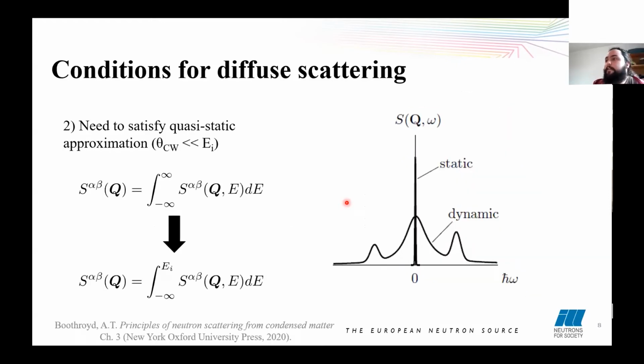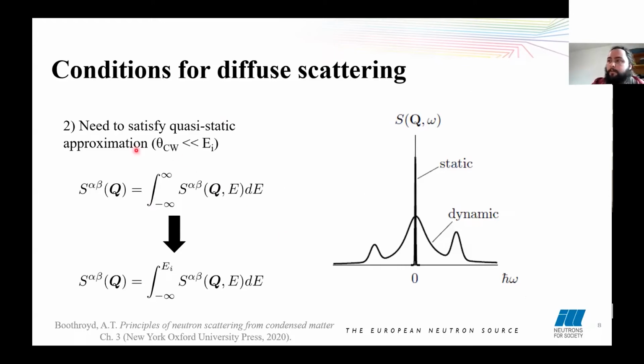Another thing to consider, again experimentally, is that we need to satisfy the quasi-static approximation. What this approximation states is that the energy that can be transferred to and from the system must be smaller compared to the energy of the incident neutron. And why is this? Well, you might remember that when we do a diffraction experiment, the intensity that we measure is actually intensity integrated over all energies.